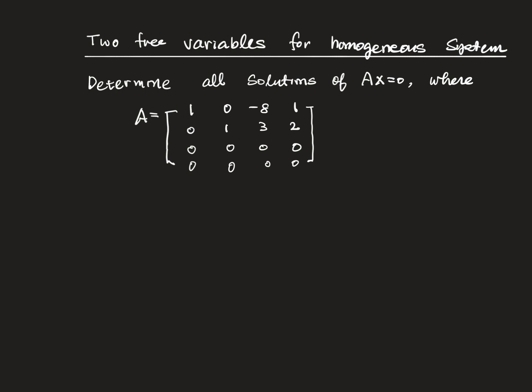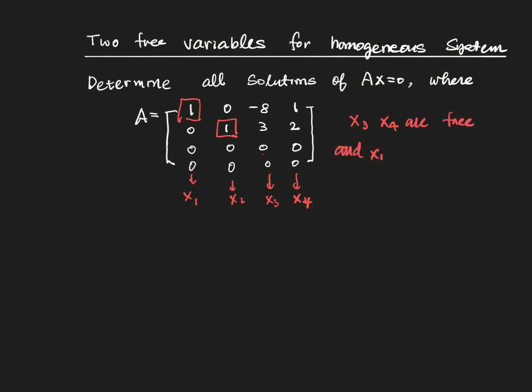So which one is the free variable right there, guys? This one is pivot column x1. Here is pivot column x2. Here is pivot column x3. Here is pivot column x4. But the pivot is 1 here, the pivot is 1 here, but there's no pivot in x3 and x4. So you're going to say x3 and x4 are free variables.